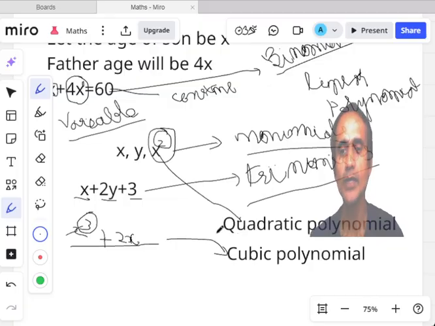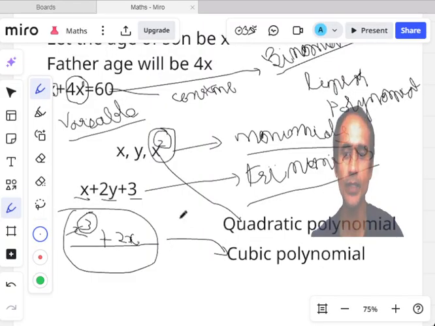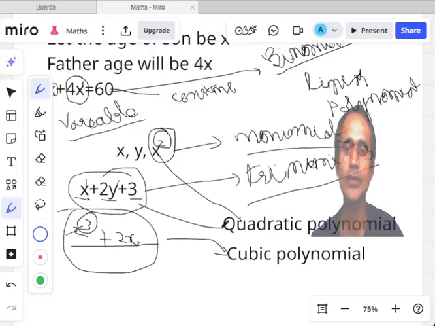Now how will we classify an equation into linear, quadratic or cubic polynomial? That is based on degree, not based on the terms. So here we have two terms only, but still the degree is 3, so it is a cubic polynomial. Here we have three terms, but the degree is 2, so it is a quadratic polynomial.